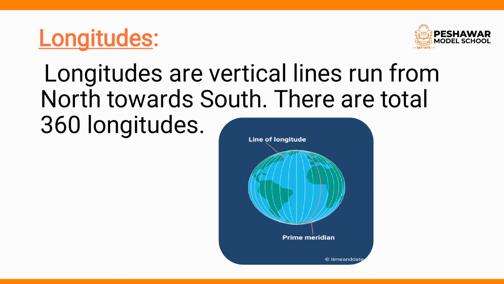There are 180 longitudes to the west of the prime meridian and 180 longitudes to the east of the prime meridian. So it becomes a total of 360 longitudes.